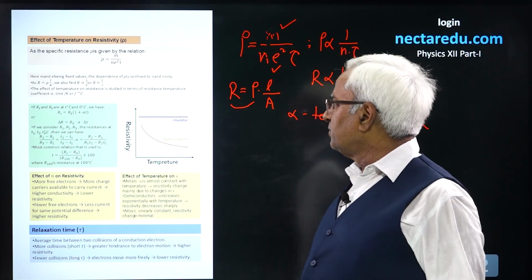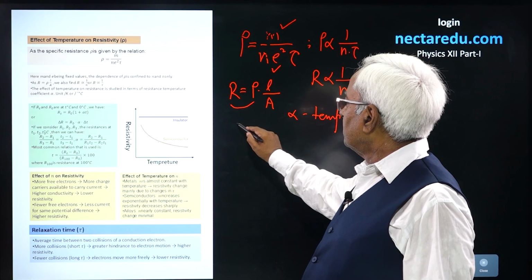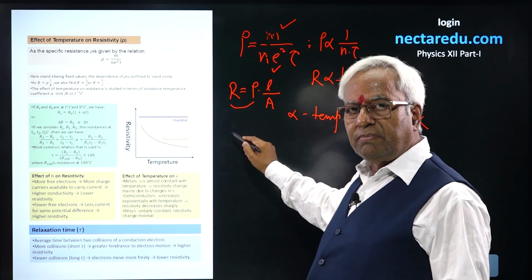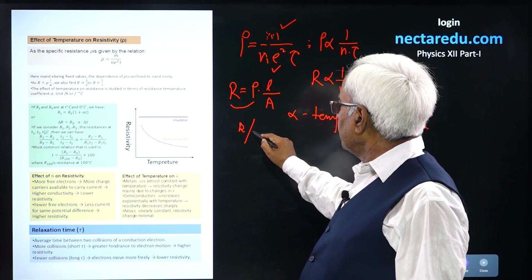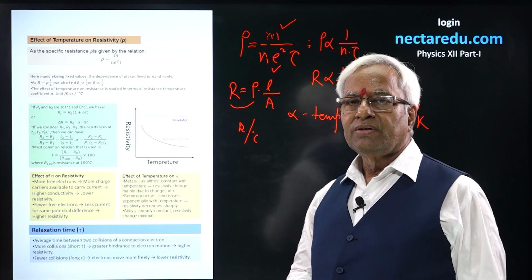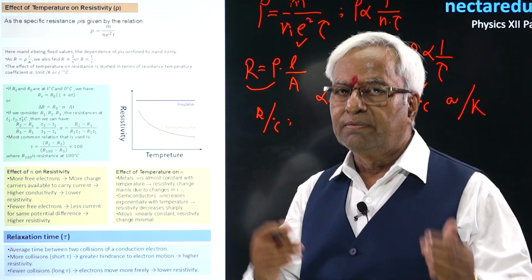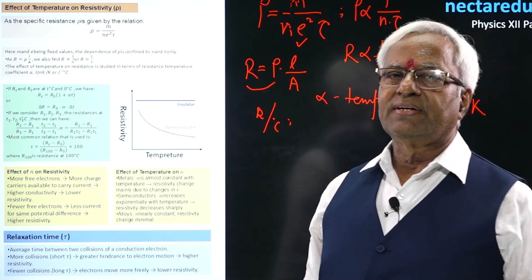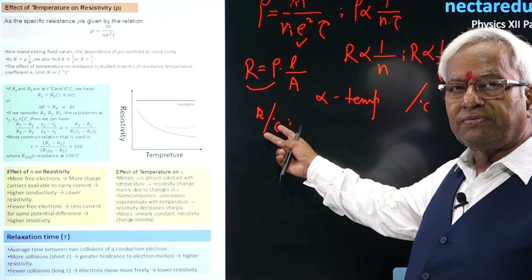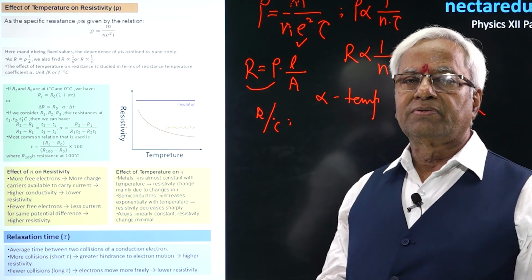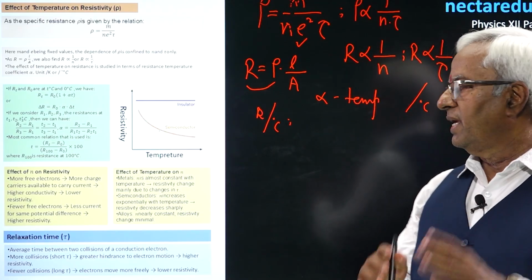One very important thing to be noticed here is that if you are writing for some metal that alpha is K per degree Celsius, then it's going to be the same value per Kelvin also. And the reason is simple, because here we are concerned with the temperature difference, and temperature difference will be equal on Celsius and Kelvin, both the scales.